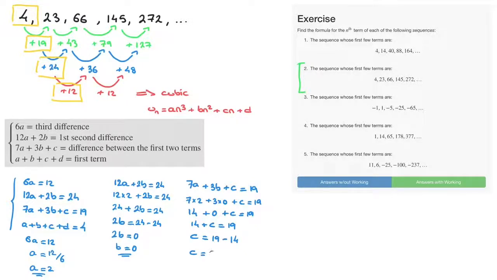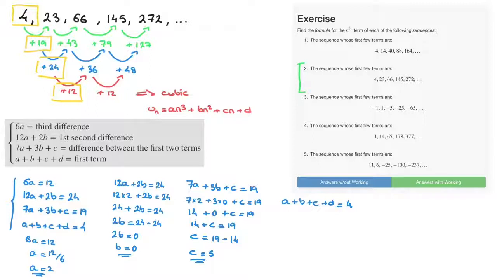That c is equal to 5. Now that we have c, we move on to the fourth and final equation, and that's a plus b plus c plus d equals the first term, which was 4. And we know the values of a, b, and c.